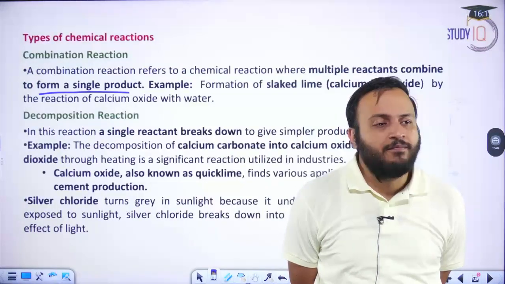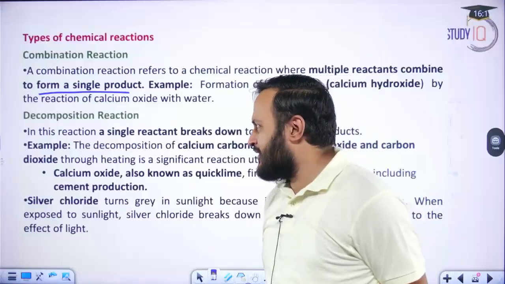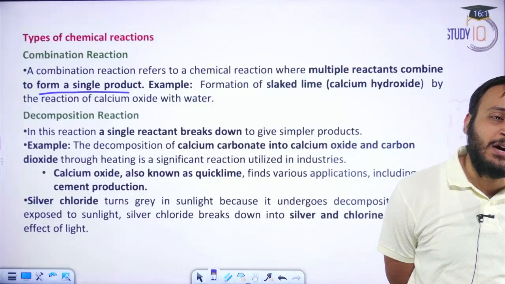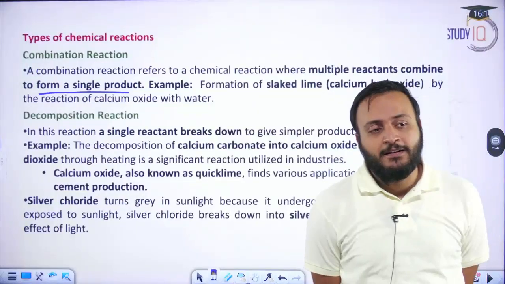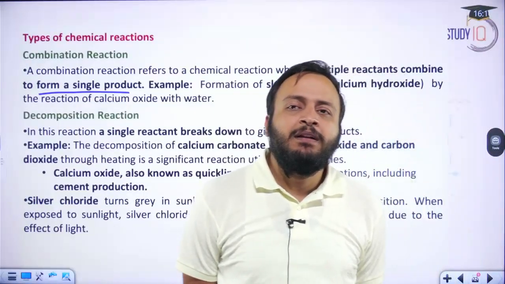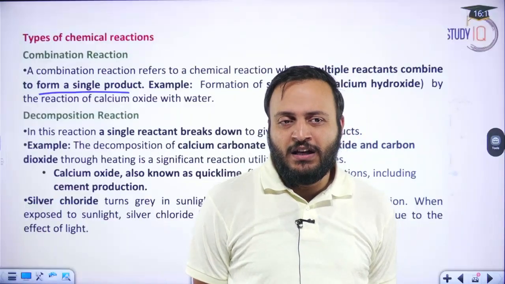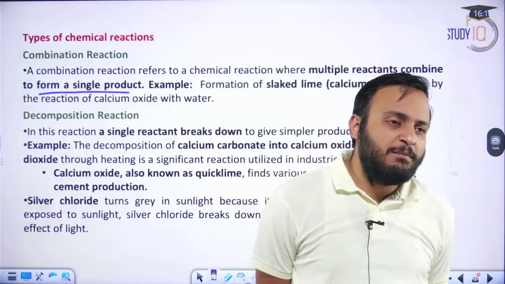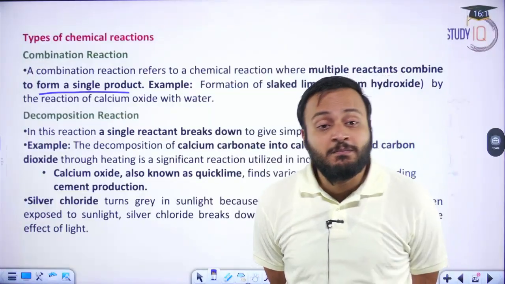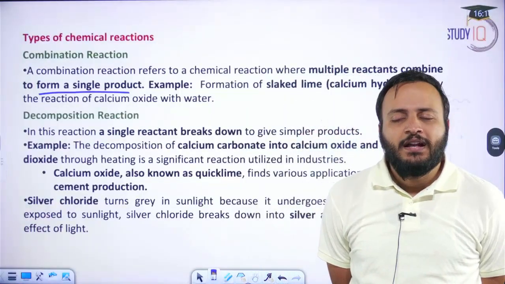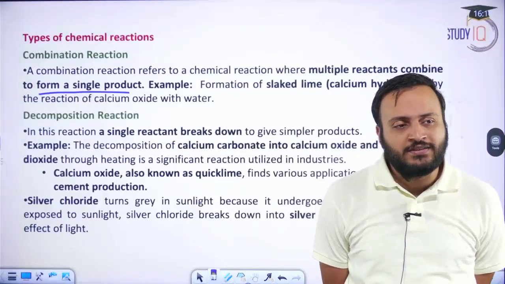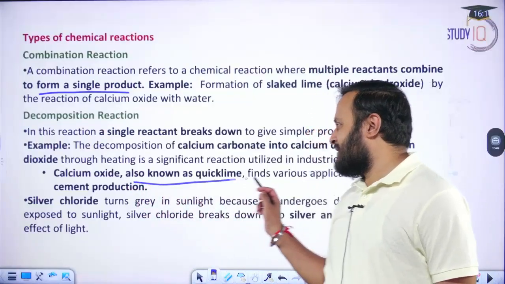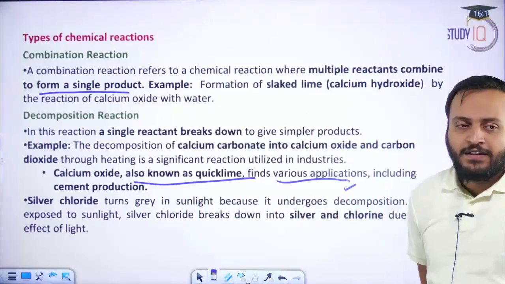Okay, remember that. Then there is the decomposition reaction, where one particular reactant breaks down into simpler products. For example, a carbohydrate, a long piece of sugar, breaks down to give simpler sugars like sucrose, fructose and glucose, etc. Then CaO or calcium oxide is very useful.